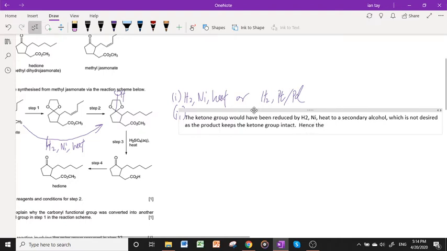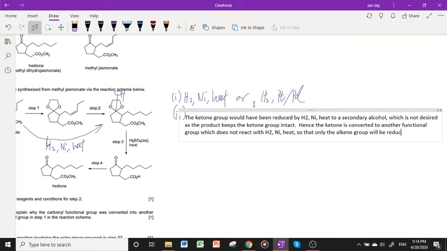Hence, the ketone is converted to another functional group, which does not react with H2, Ni, heat, so that only the alkene group will be reduced.